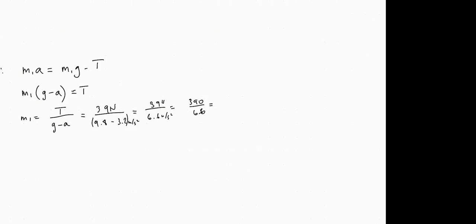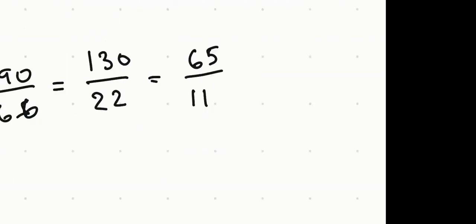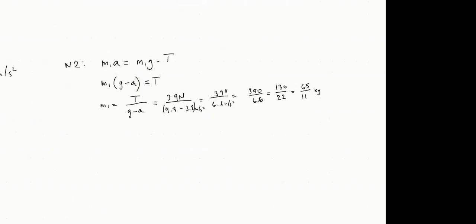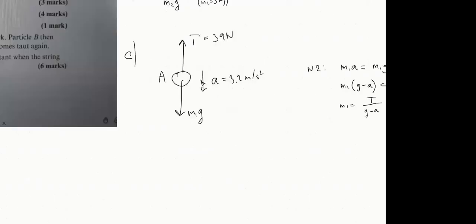So that would be 22, and that would be 130. And I can divide by 2, so that's 65 over 11. Somehow dividing 390 by 3 is easier than dividing by 2. Okay, anyways, that's kilograms, of course. And I think that's what they wanted.